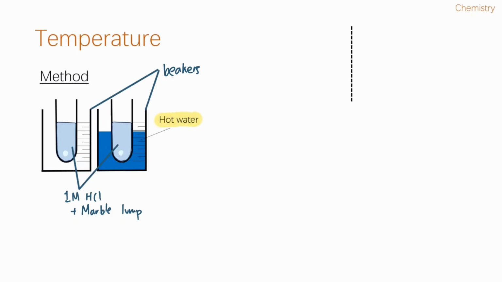There's hot water in one beaker surrounding one boiling tube, and in the other there's no liquid surrounding it, or if there is, it will be less hot than this one, so there is a comparison between those two.